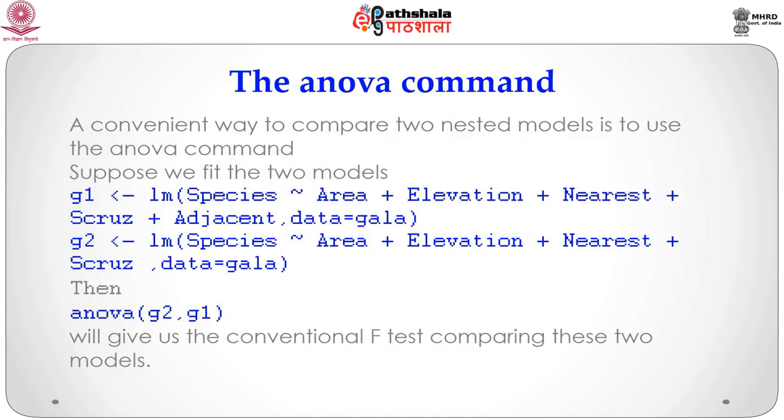Then G2 is nested in G1 in the sense that G2 is a special case of G1 when the coefficient of adjacent is 0, and we can compare the two models using anova(G2, G1).